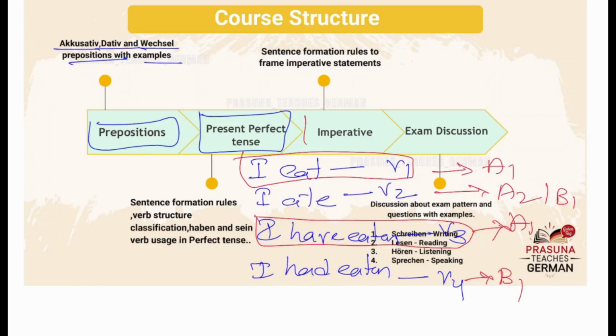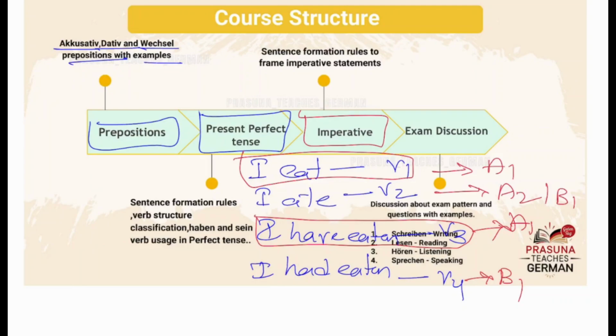The next grammar topic is imperatives. Imperative is framing a sentence without a subject. Eat that, bring that, tell me, go there, come there.